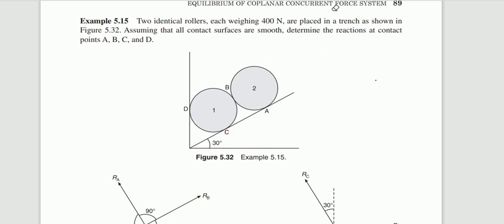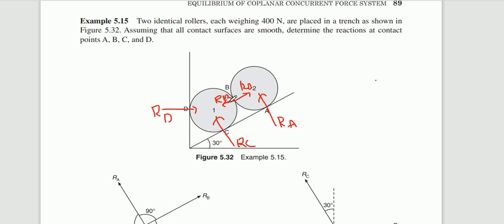This is how we get RA and RC here. Here we get RC, and RD perpendicular to the contact. So you get RD like this, and again here RB, which is the equivalent opposite reaction. This is RB and this is also RB.